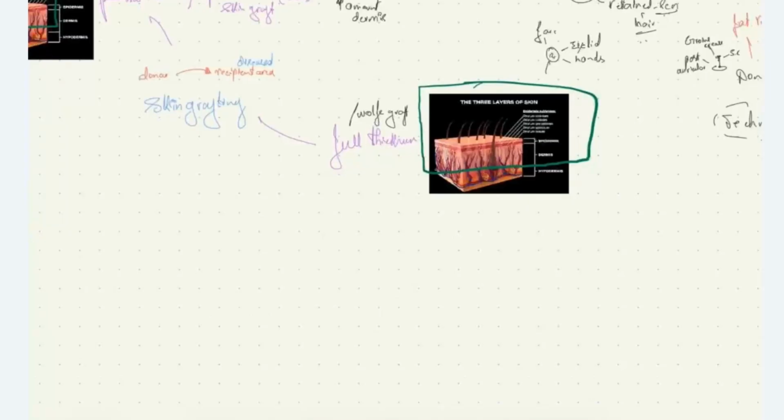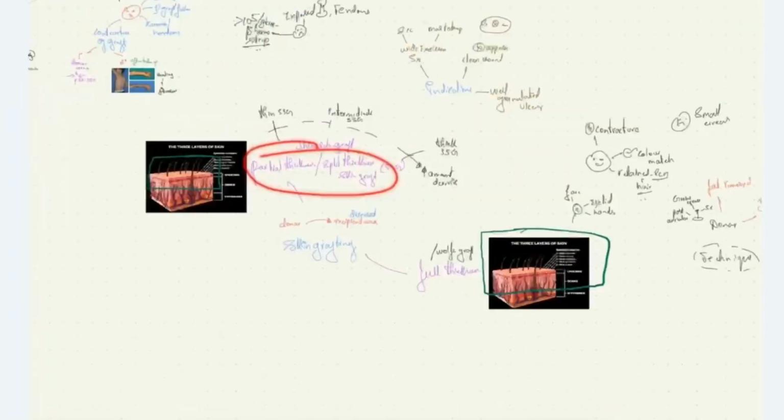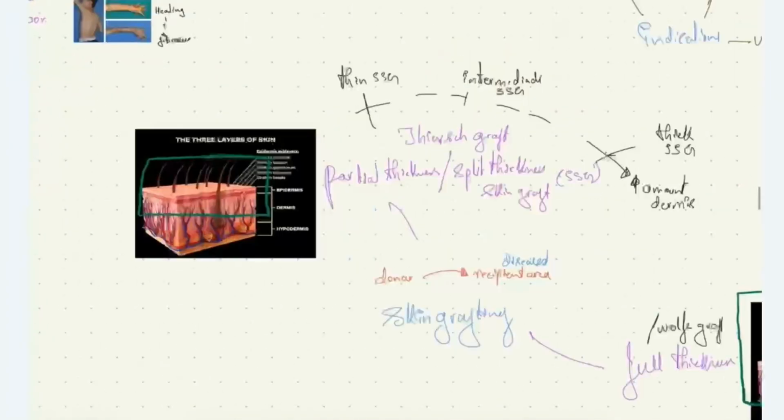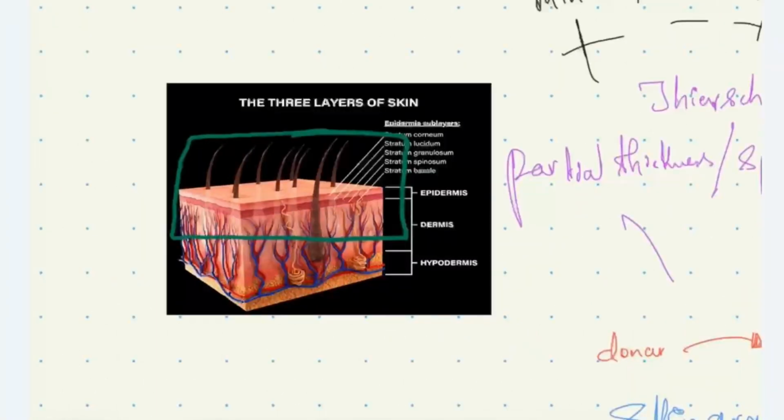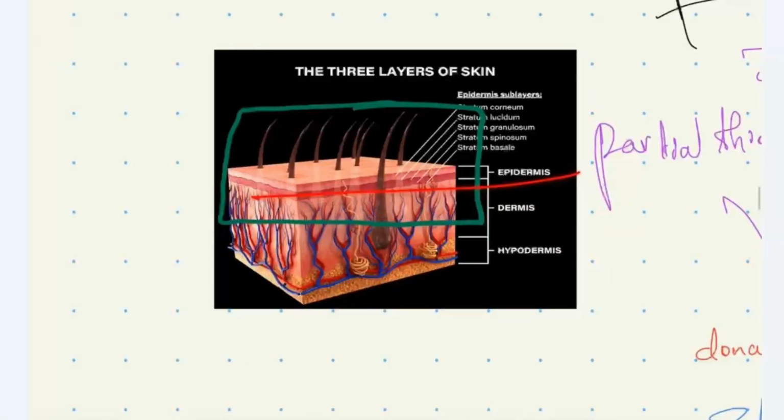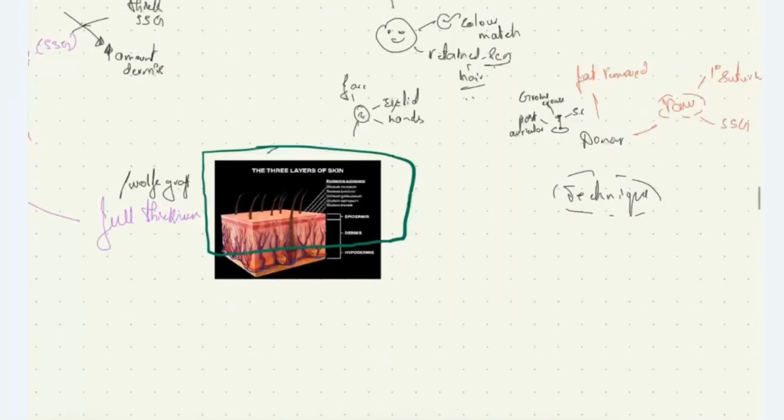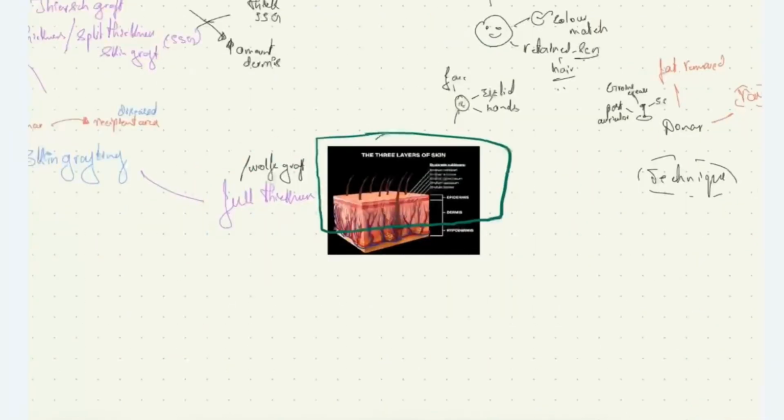What is partial thickness skin grafting? In partial thickness skin grafting, the entire epidermis along with a part of the dermis is transferred from the donor to the recipient. Whereas in full thickness skin grafting or Wolfe skin grafting, the entire epidermis with the full thickness of dermis is transferred to the recipient.